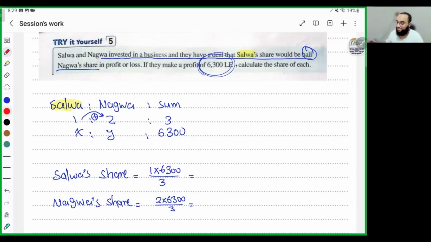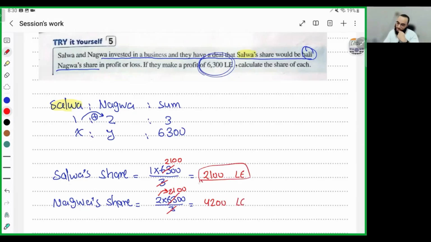Tell me. 63 divided by 3 is 21, and 2 zeros, then it's 2100. 2 times 21 is 42, and 2 zeros, 4,200. That's it. Then what is Salwa's share? This number. What is Nagwa's share? This number.